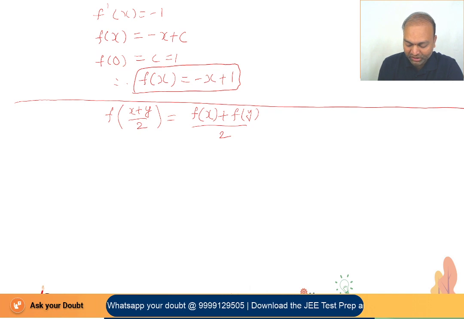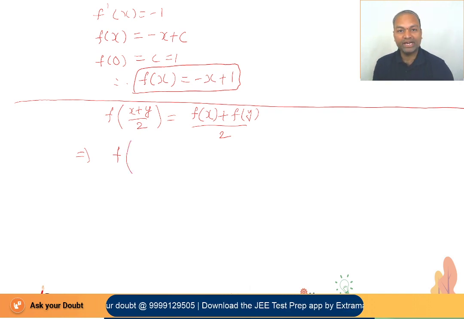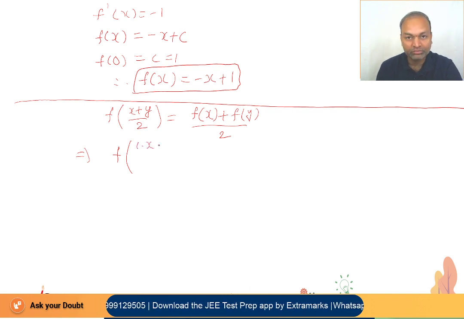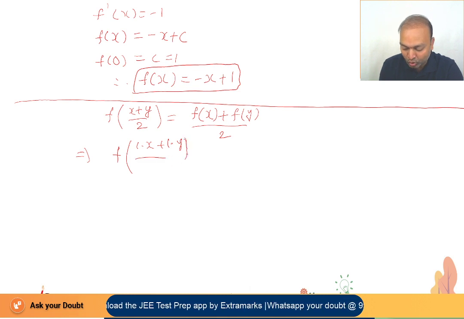See here, for our convenience, I am writing some adjustment. f of (x plus y) by 2 can be written as x means 1 into x. Any problem? Right. y can be written as 1 into y, whole divided by 2, which I am writing as 1 plus 1.